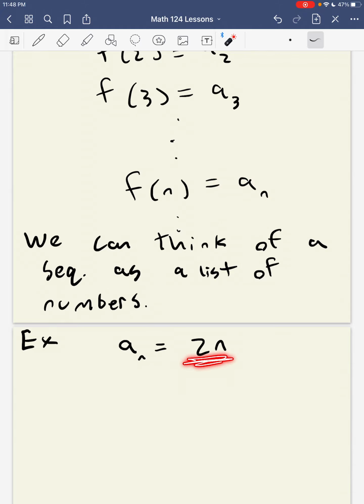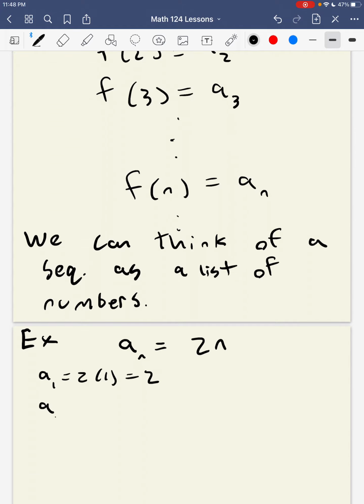But anyways, this function here, 2n, you've definitely seen the sequence before. If we start listing out the outputs, if we plug in a 1, a1 would be 2 times 1, which equals 2. a2 will be 2 times 2, which is 4. a3 is 2 times 3, 6, so on.